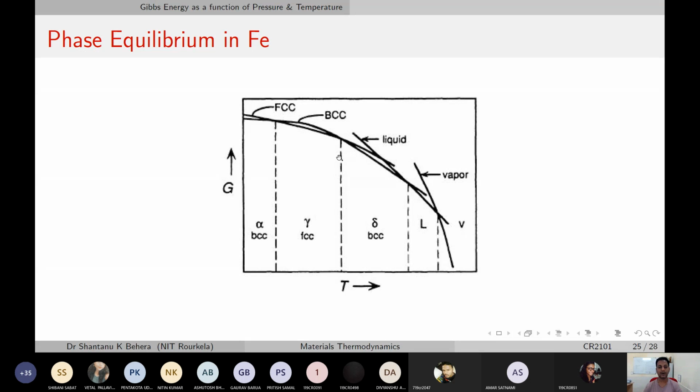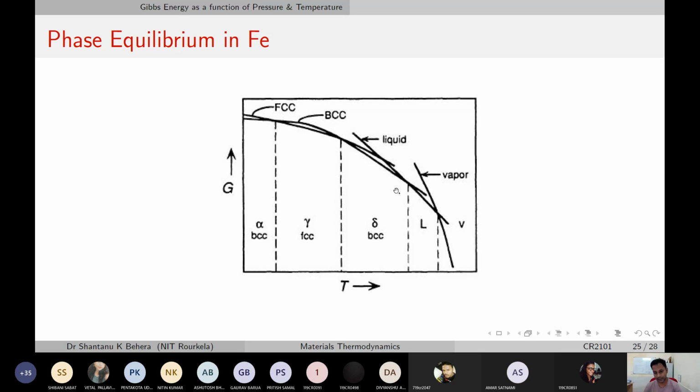Okay, and then about 1400 to 1535 or 1540 degrees Celsius, you have the delta phase, which is stable, again characterized by this curve, which is representative of the delta free energy diagram. And then of course beyond 1535, that's the liquid phase, which is stable, and this is characterized by this free energy curve.